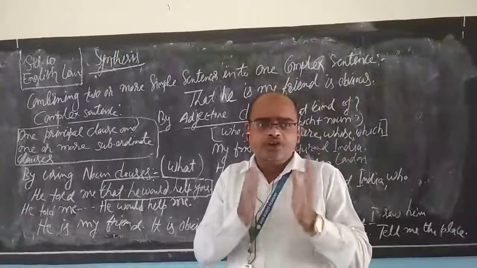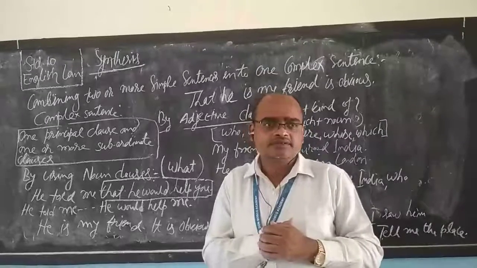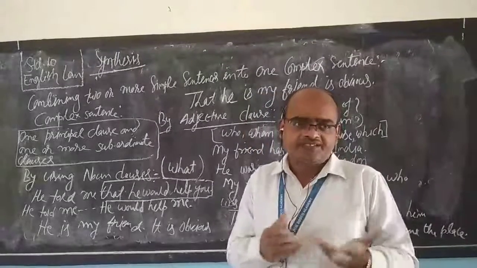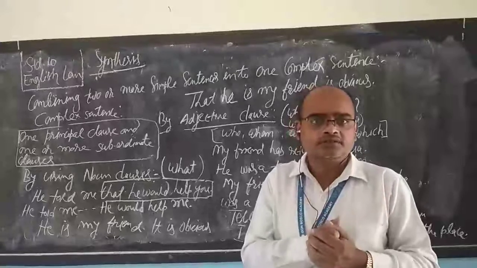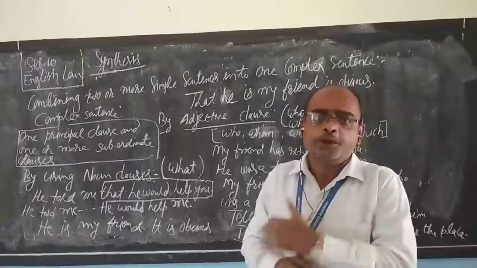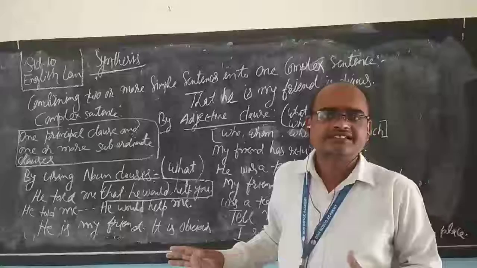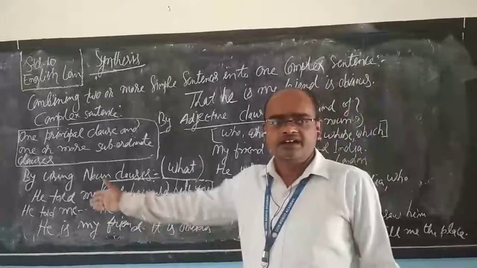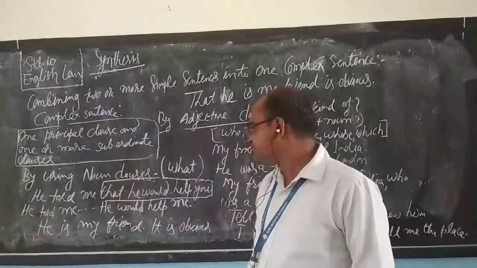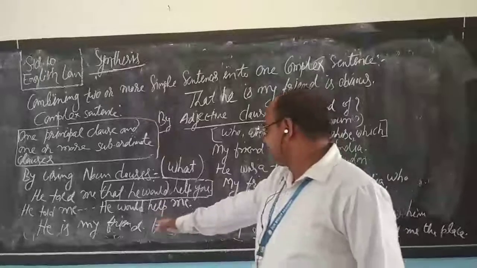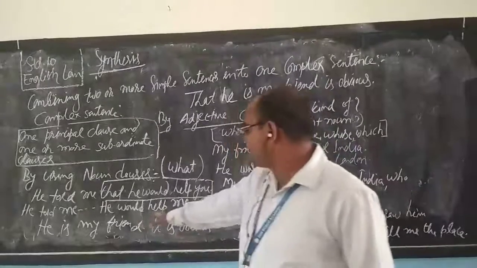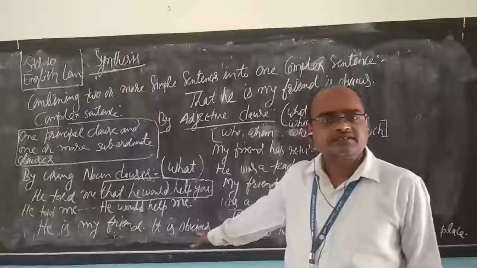I know what you are doing. So what do you know? What you are doing. So what you are doing is a noun clause. Second sentence: He is my friend. It is obvious.